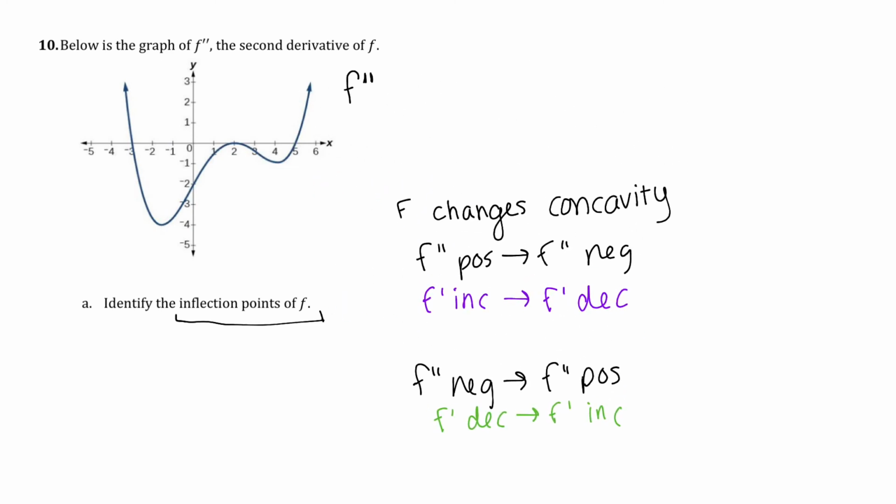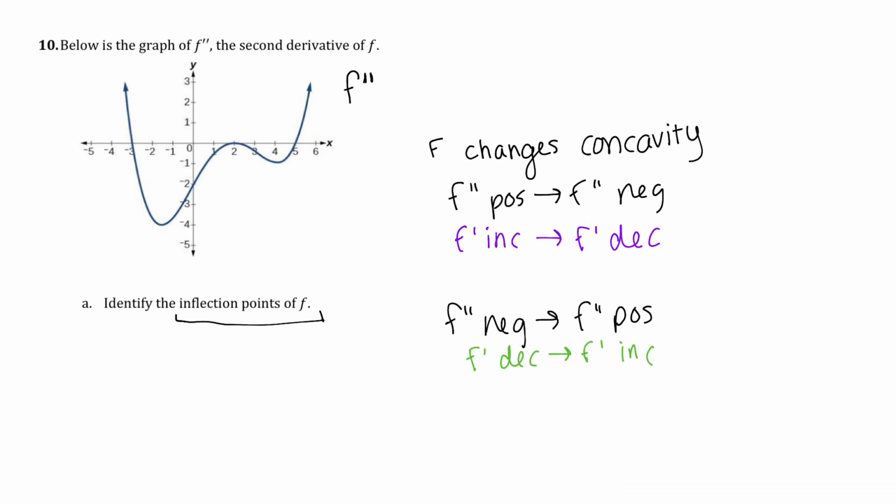All right. An inflection point of f is going to be where f changes concavity. So it's places where f double prime goes from positive to negative or negative to positive. We don't need this information about f prime anymore. We're actually looking at the graph of f double prime. So f double prime positive means above the x-axis.